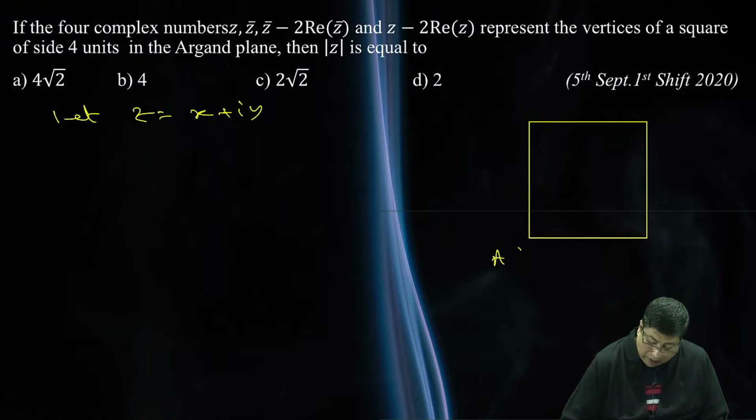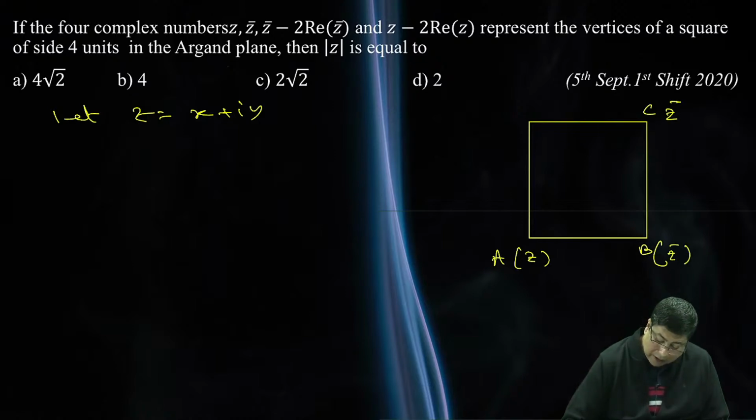Suppose this is A, z; B, z bar; C, z bar minus 2 real z bar; and D point is the last point, z minus 2 real z.